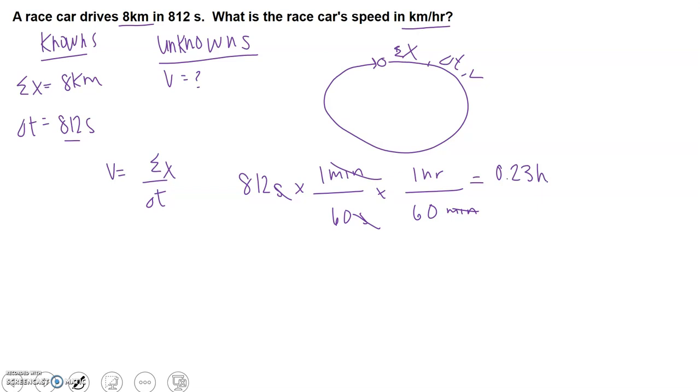Now we're ready to put our knowns into our equation. So we'll say speed is equal to the distance, 8 kilometers, keeping your units, divided by 0.23 hours, H for hours, and we're left with 4.35 kilometers per hour.